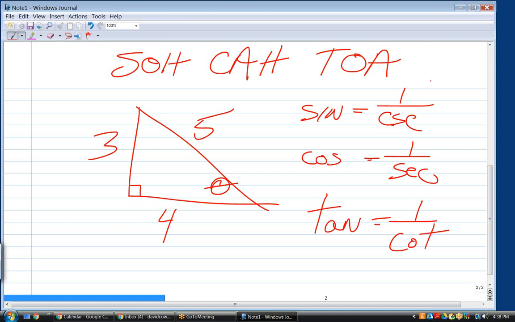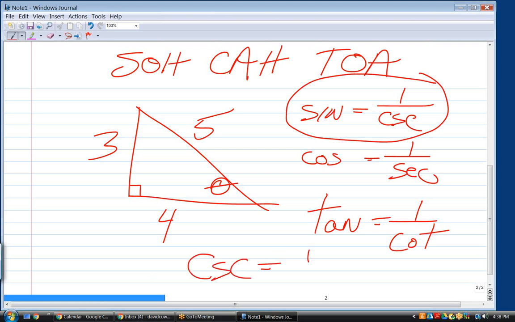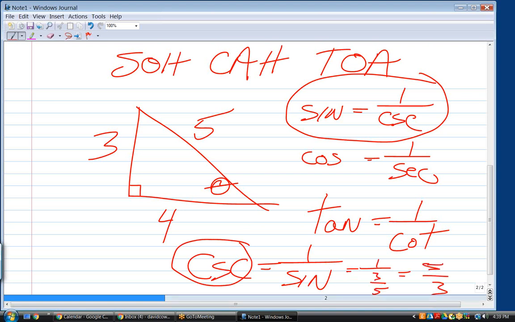In other words, because that is true, then this must be true also. If one is the reciprocal of the other, then vice versa is true also. So cosecant is 1 over sine, which is 1 over 3 over 5, which is 5 over 3.